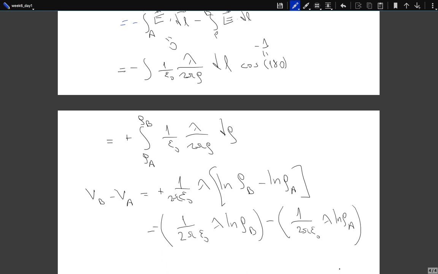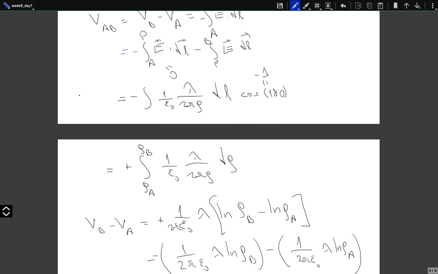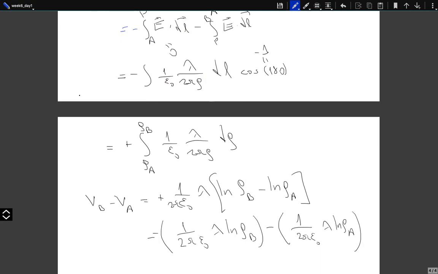You just choose some other arbitrary point as your reference point and assign some value for the potential at that point. Any questions on this one? Well, this is basically how you can calculate the potential if you know the electric field.